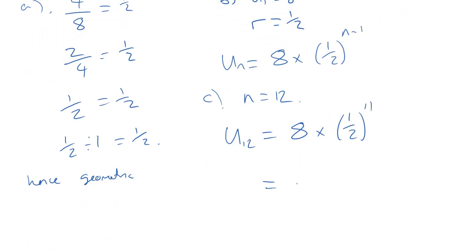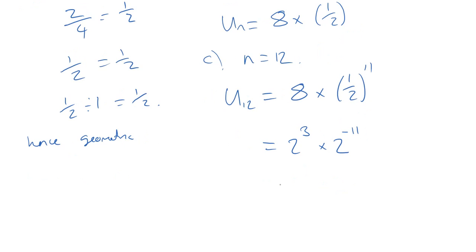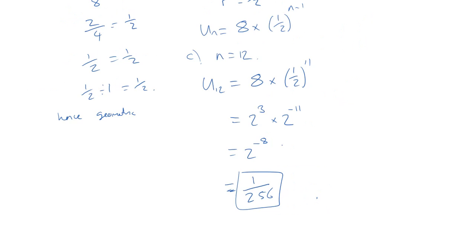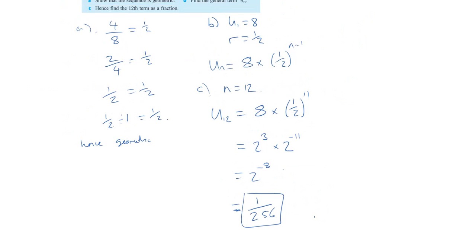I guess, well, 8 is 2 cubed, and we've got a half is 2 to the minus 1, so we've got 2 to the minus 11. So overall, we've got 2 to the minus 8. That 2 to the 8 is 256. So we've got 1 over 256 as our answer. There we go. All right, so that's how you could perhaps do that without a calculator.